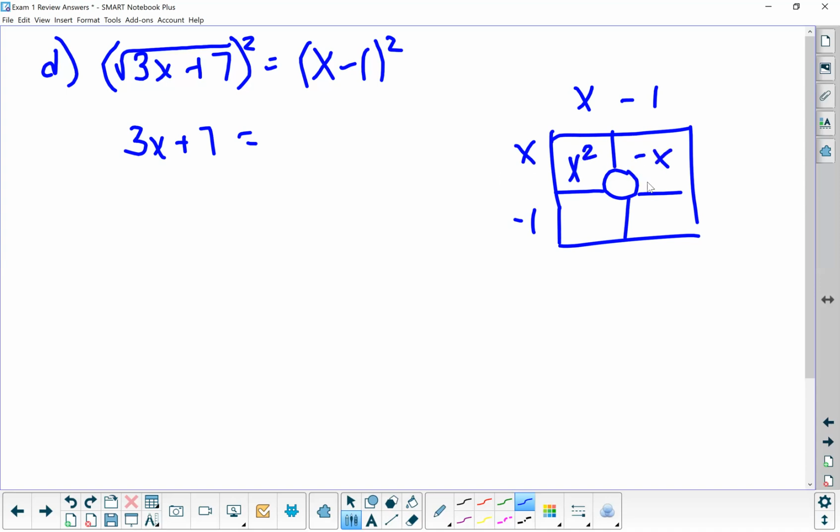X times minus 1 is minus x. Minus 1 times x is minus x. Minus 1 times minus 1 is plus 1. Our like terms, we have that minus 2x. So there is my x minus 1, the quantity squared.